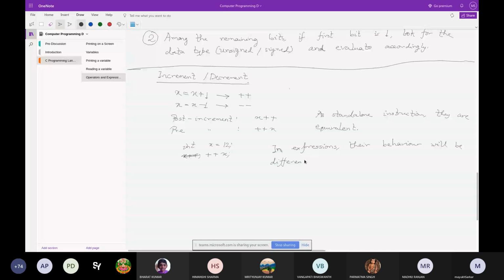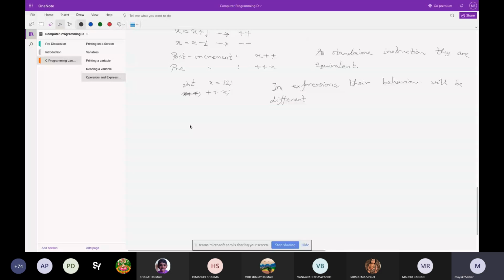And how will that be different? In the case of post increment, first the value will be used in the expression, and then it will be incremented.